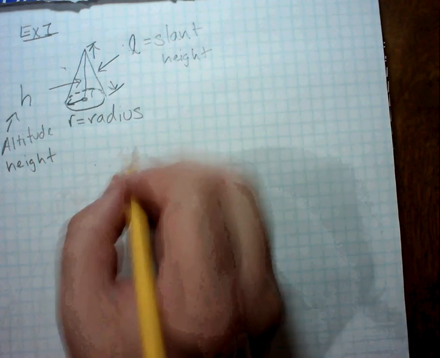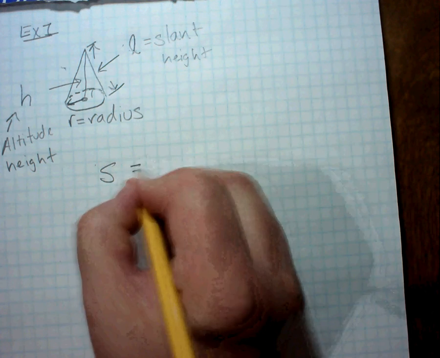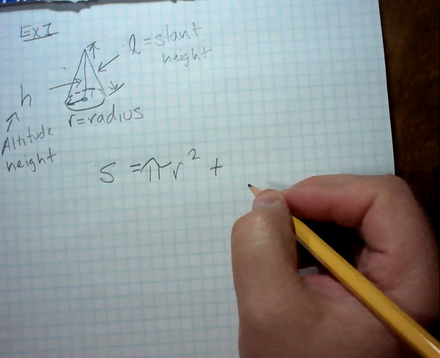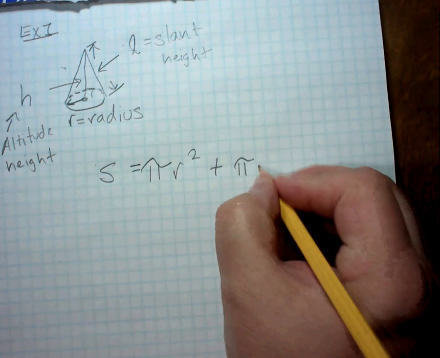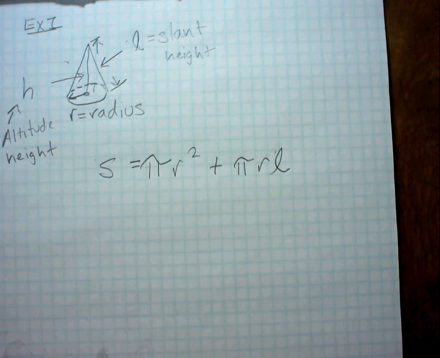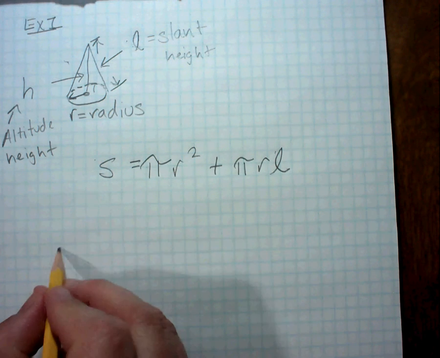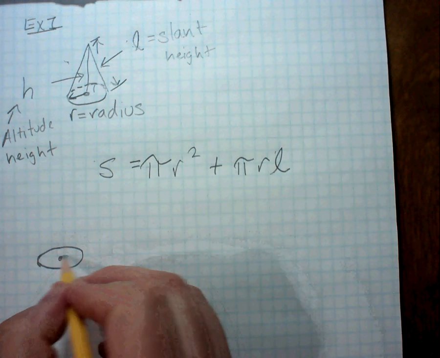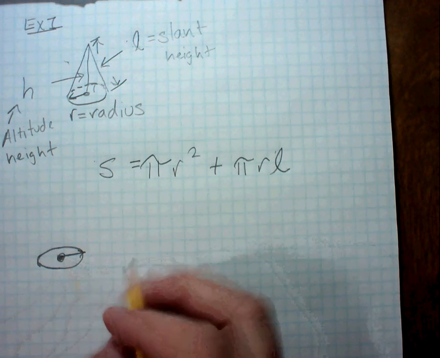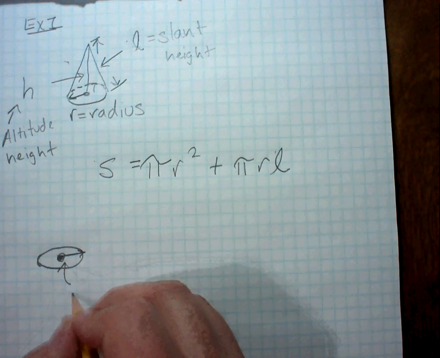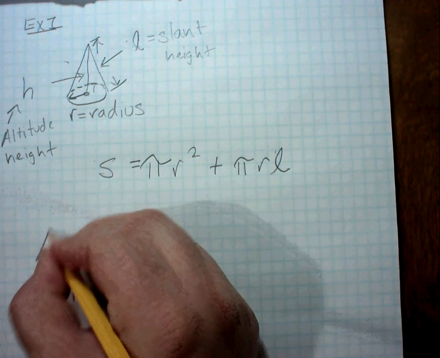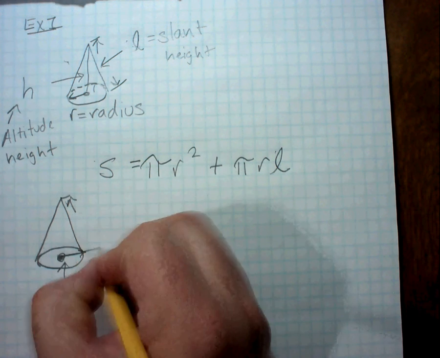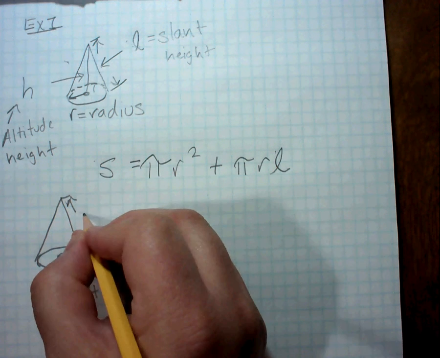So now for surface area, the surface area of any cone is going to equal the area of the base, which is just pi r squared, plus the area of the cone part, which is pi r L. So for example number one, we're given an image and we're told that the radius is 4 and that the slant height is 6.